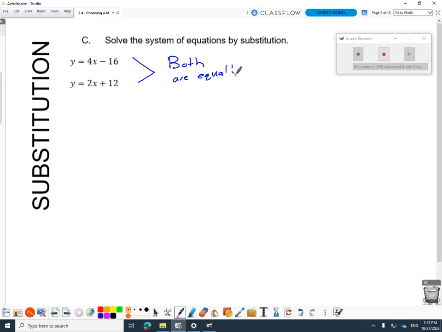So 4x minus 16 equals 2x plus 12. I might have said that wrong there. But 4x minus 16 equals 2x plus 12. Once you get used to substitution, it's pretty nice in this particular case. Bang, got an equation. And we've been hammering away at our ability to solve these equations.